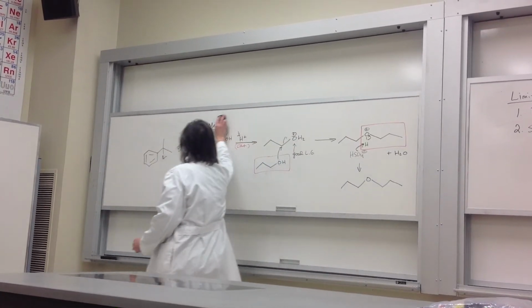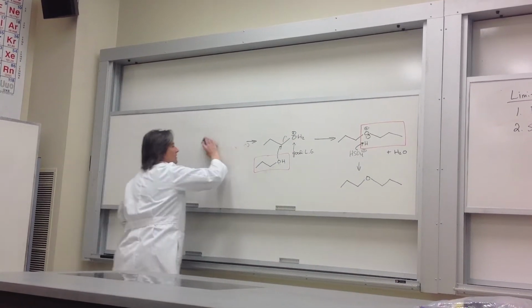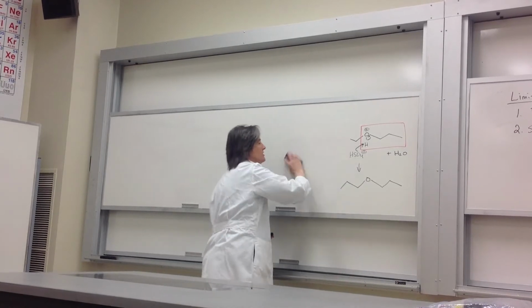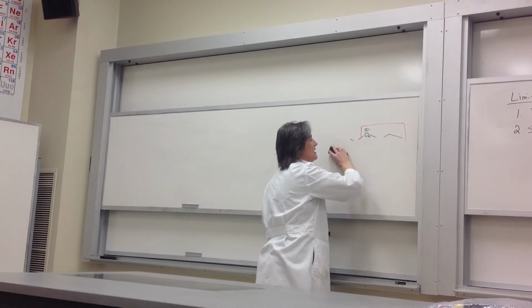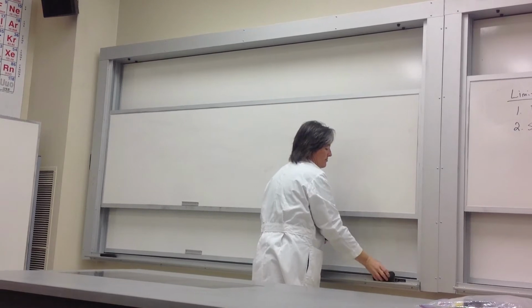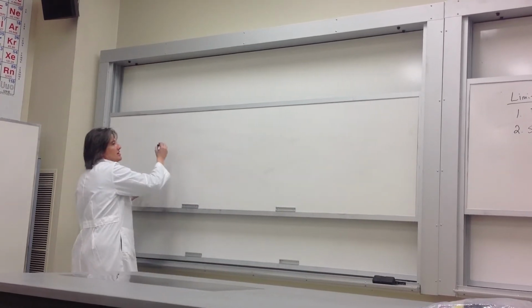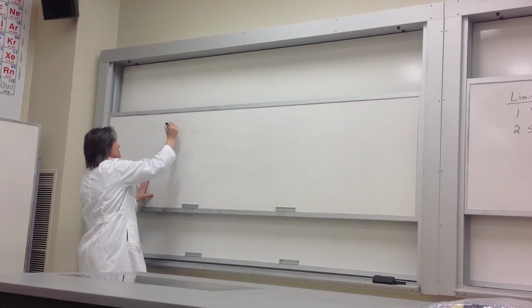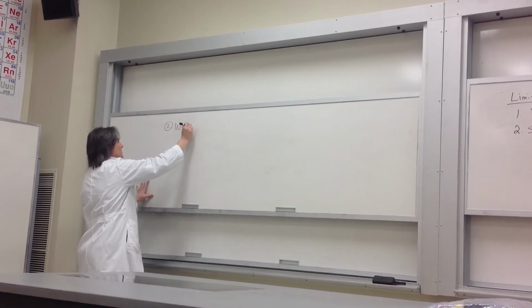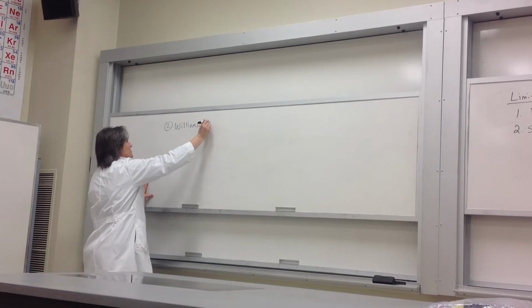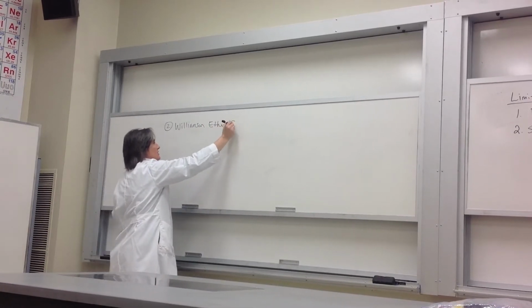So, much more common is a reaction that you're almost guaranteed to see on some standardized test because it's really famous. So this would be number 2. The Williamson ether synthesis.